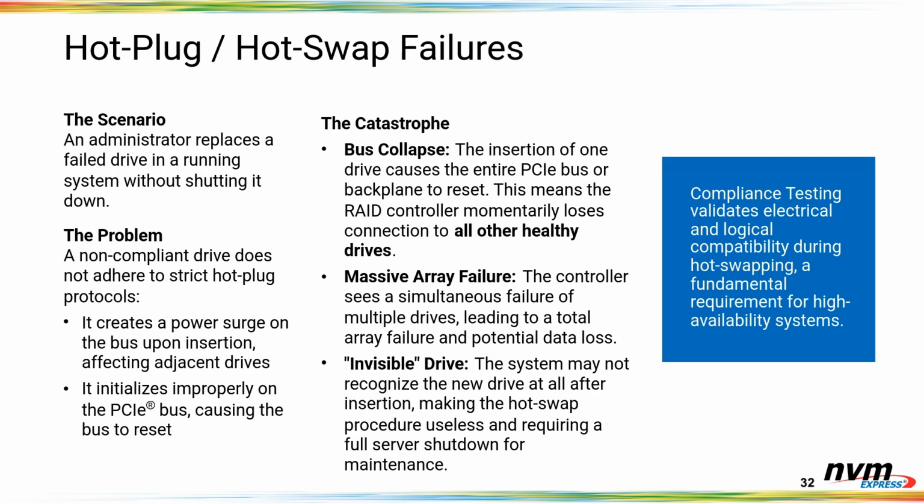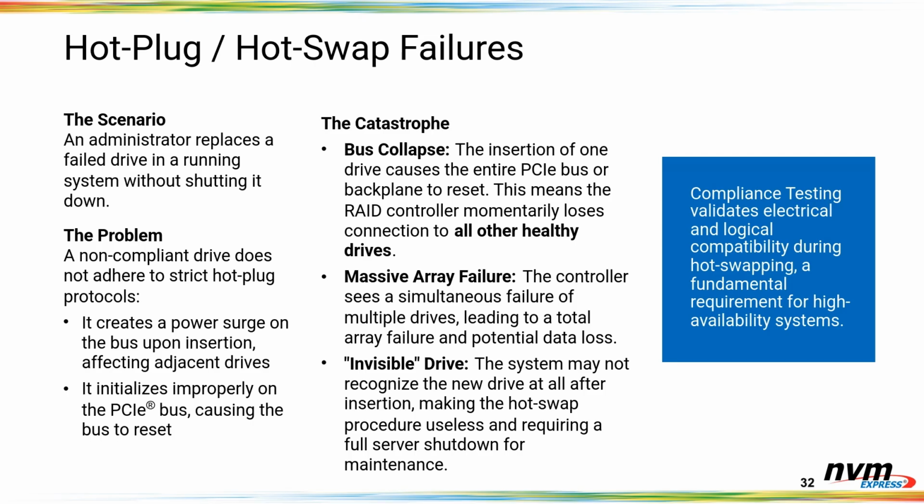In this case, the catastrophe is that we could see the collapse of the overall bus, and it means that we can lose all the data of the RAID, independently of which RAID level protection is supported. Because if we have a bus failure, a bus collapse, then we will lose all the drives in the RAID engine.